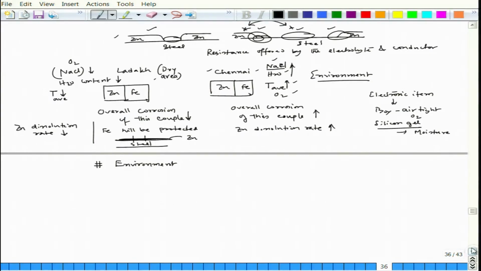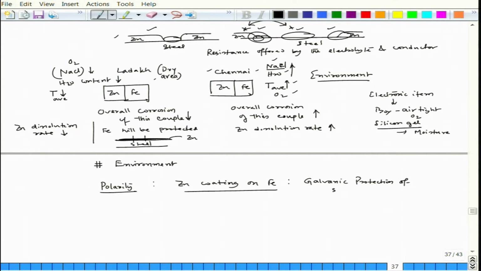Now, I talked about polarity. In case of zinc coating on iron for the galvanic protection of steel, that is never used beyond a temperature of around 60 to 70 to 80 degrees Celsius, or you can say around 65 degrees Celsius.